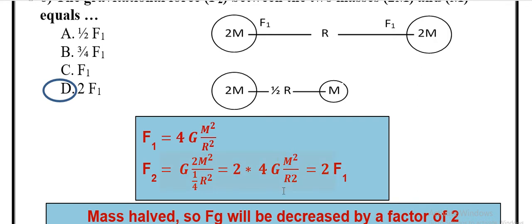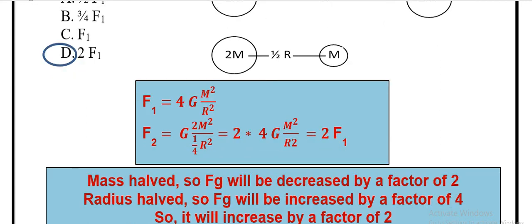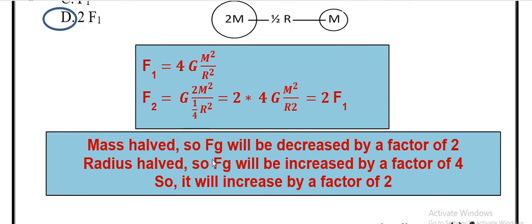Then the relation will become 2 times 4 G m over 2 over r squared. This is the relation of F1. So the force will be doubled, mass halved. If the mass decreased by a factor of 2 and the radius halved, the force will be increased by a factor of 4 over 2, that will be 2.